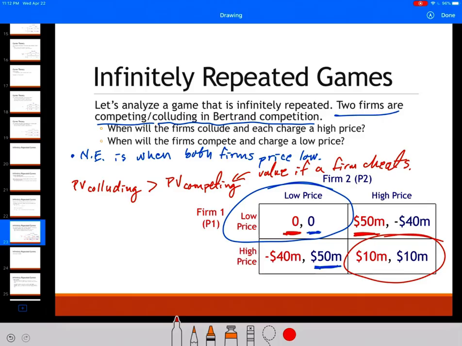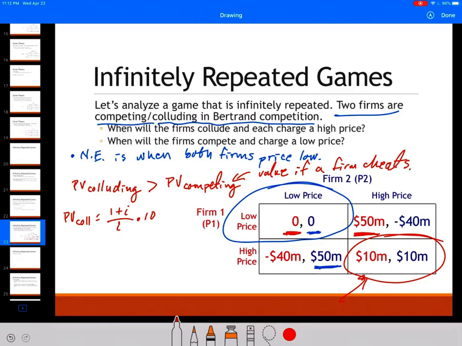We'll write PV and call it COLL to make it easier. This is going to be (1 plus i) over i, and again, this is for each firm, times the profit. Each firm would get 10 million if they colluded, so every period they'd get 10 million. So times 10.